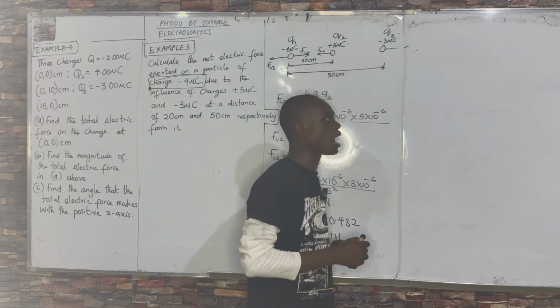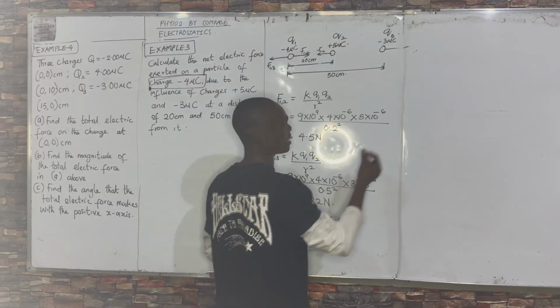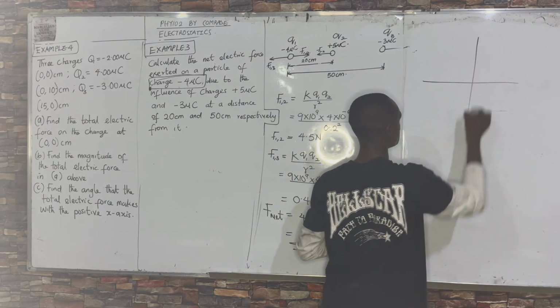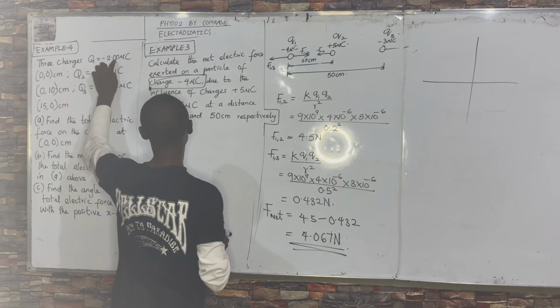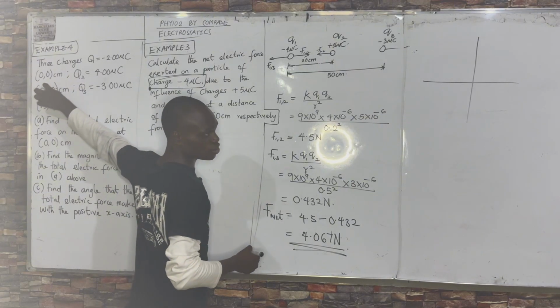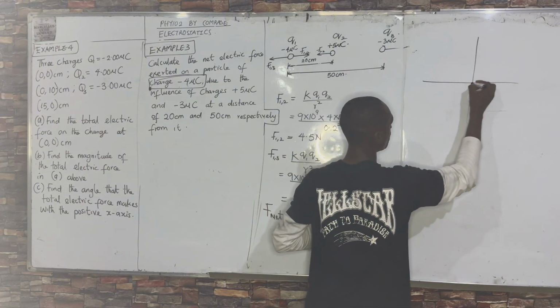So now let's see how our diagram will look like. So I have a Cartesian plane, something like this. Now I have Q1, which is on the origin. You know, this means X is 0, Y is 0, and that's the origin. So I have Q1 here.